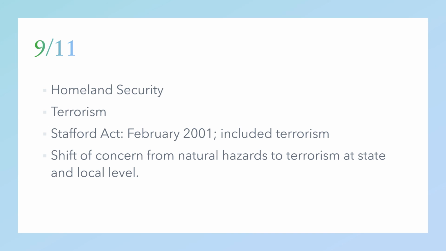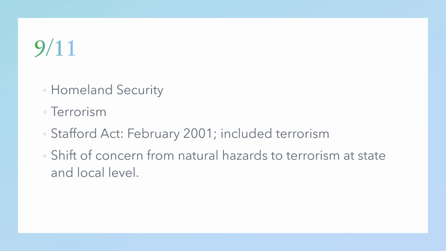Because most local communities didn't think much about terrorism. It's something that happens elsewhere. And it really shifted the focus, and that then shifted the funding and the priorities that have moved on. So it was a seminal event in the role of national security and dealing with those issues, and the impact that had on emergency preparedness.